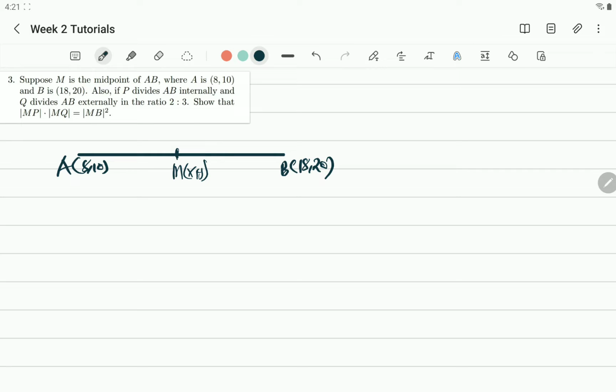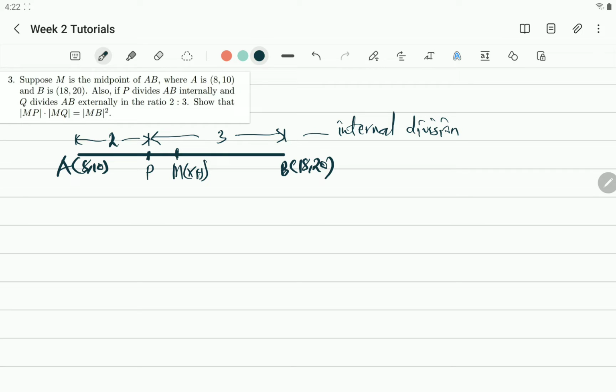P won't have to be after M, so I can indicate here as my P, so that from here to here will be the 2, and that would mean from P to B will represent the 3. So that is for the internal division.